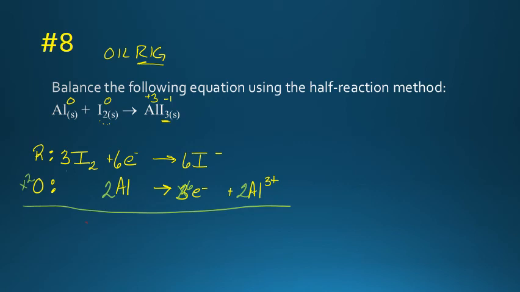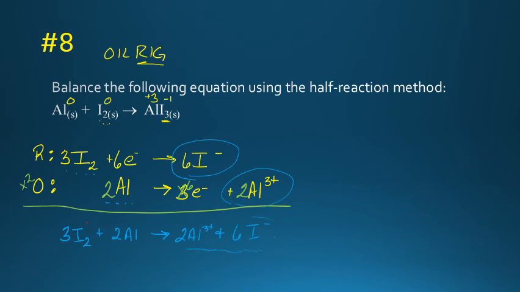Okay, 3I2, plus 2 aluminums, and that yields, let's see, we have 2 aluminums, and 6 iodines.